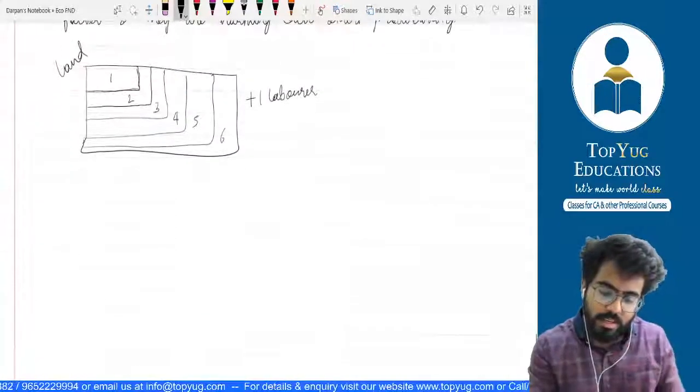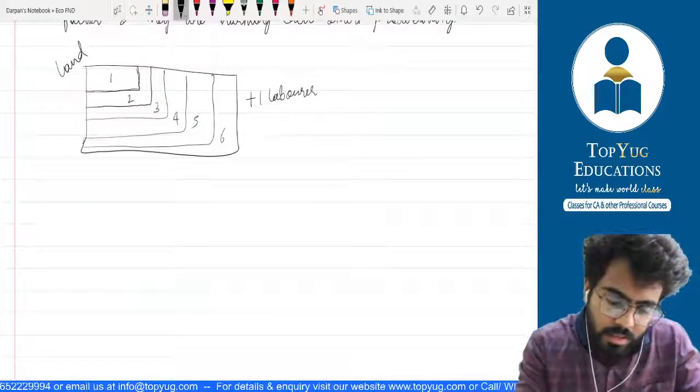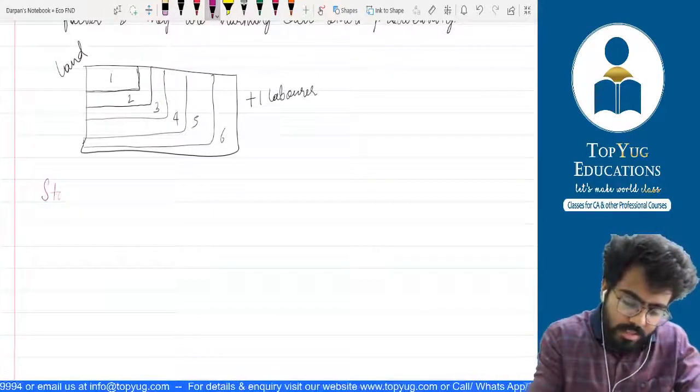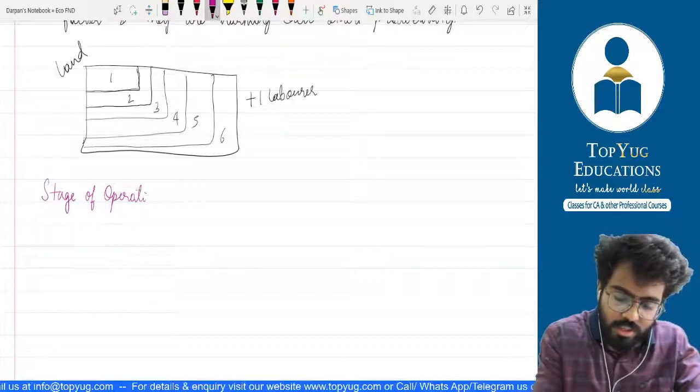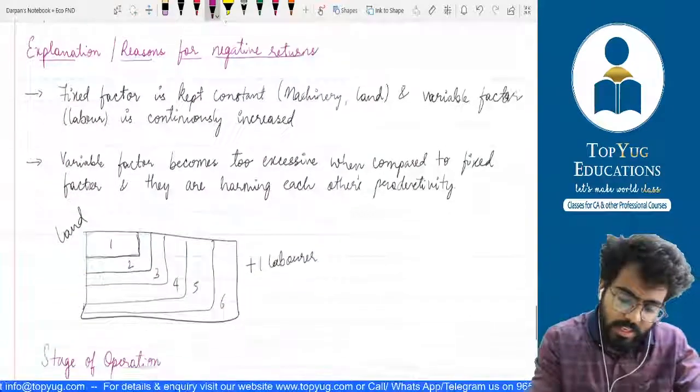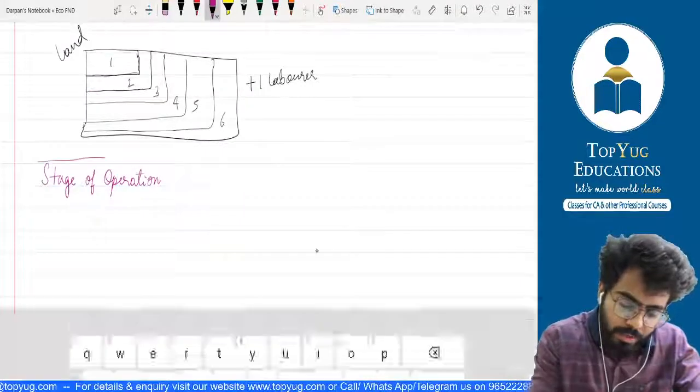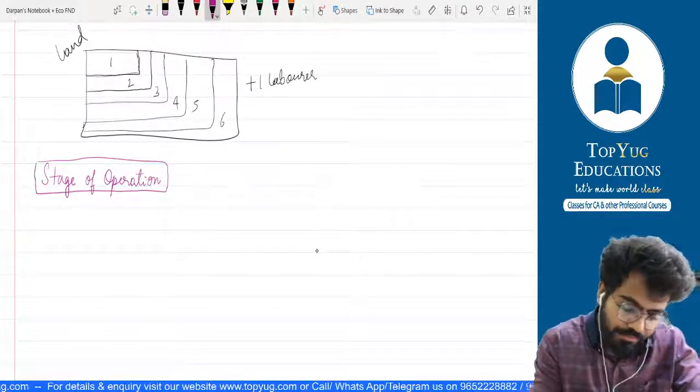Let's see another thing. Your next side heading is stage of operation. So you have seen three stages, stage 1, stage 2, stage 3. What will be the stage in which an entrepreneur will operate?